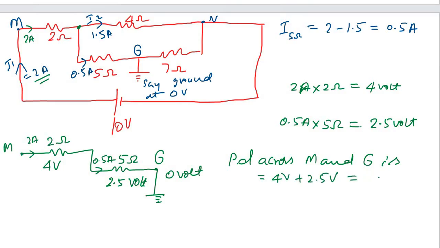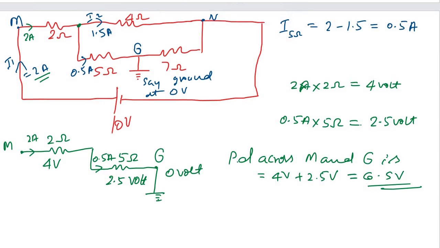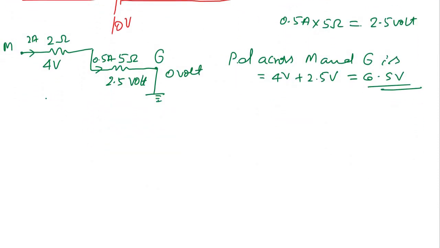So we get 6.5 volt, right. So what is actually 6.5 volt? 6.5 volt is the potential difference between ground and the point M.